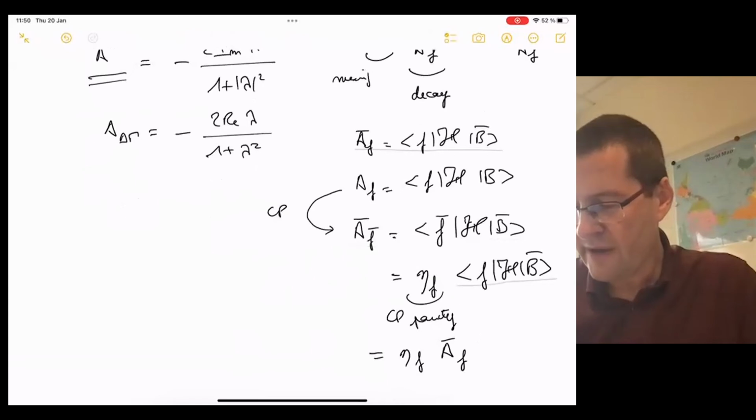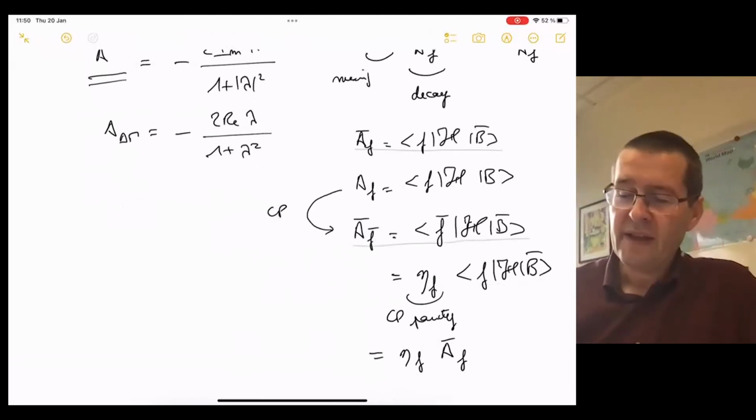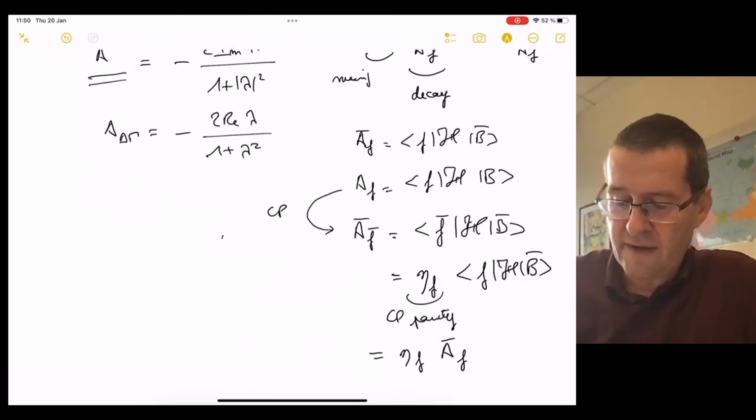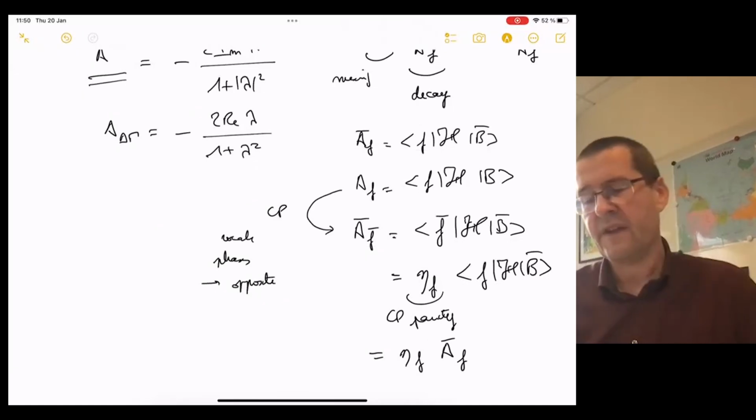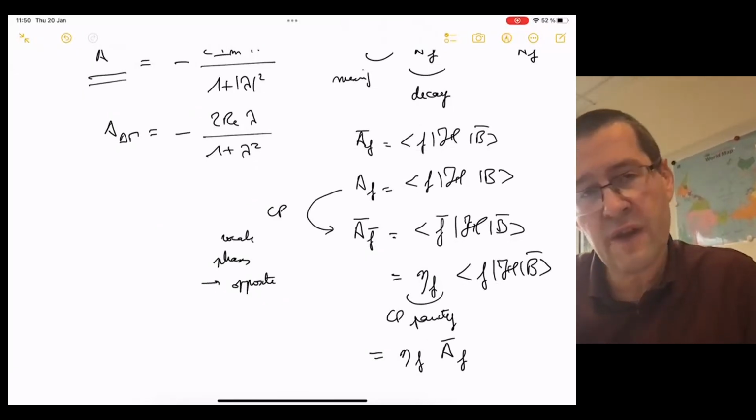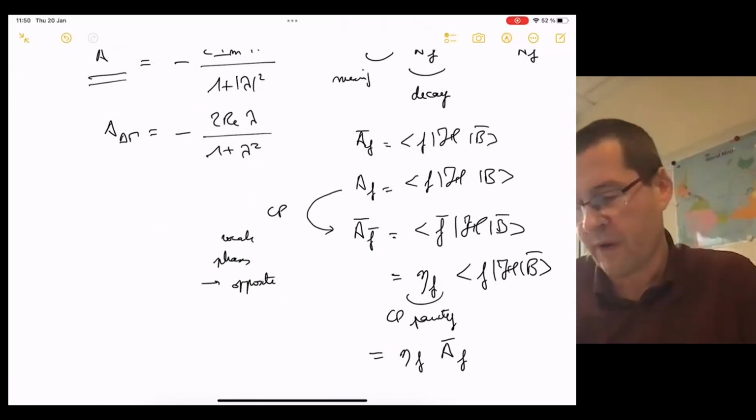To explain, when you're doing CP, that's very easy because you just take all the weak phases to their opposite, and that's it. So if you have the expression of A_F, you know the expression of A bar F bar.